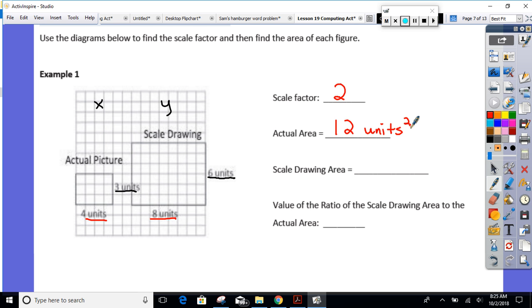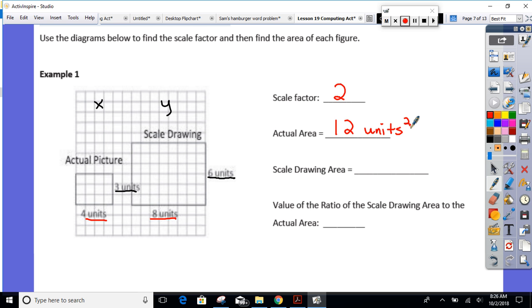Okay, on the scale drawing, Jack, what is the area of the scale drawing? How do we find the area? You could count all the squares, but what's a quicker way of counting all the squares? Katie? You can do 8 times 6.